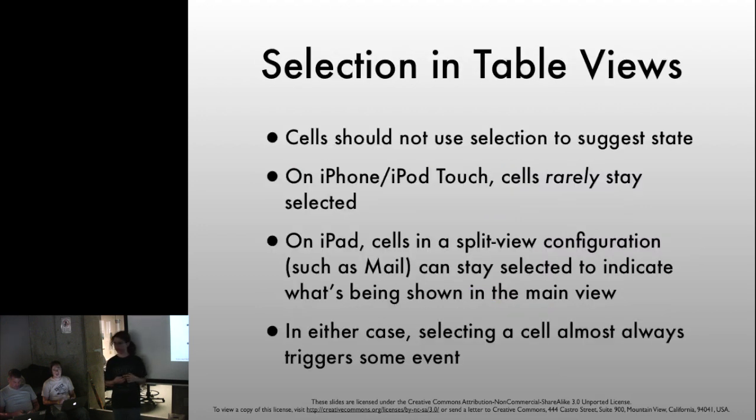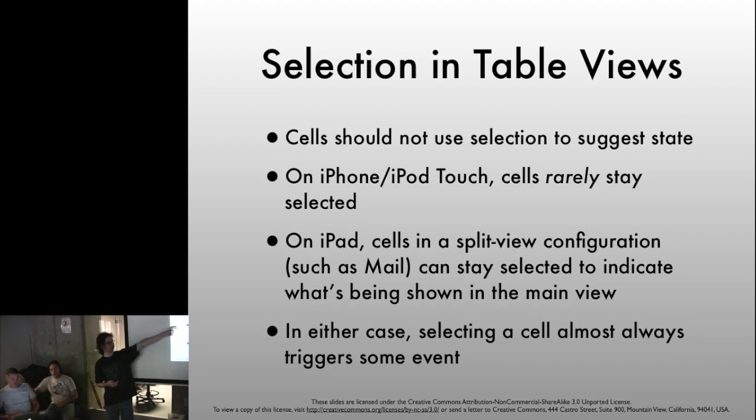So you might have seen table view apps on iOS where they just look glitchy. Like you tap something and it doesn't get deselected, or you're scrolling around and there's a selected cell, and that just looks weird. You shouldn't use selection to give state of a cell. If you want to do that, you can modify the cell object itself, like change the text color or something like that.